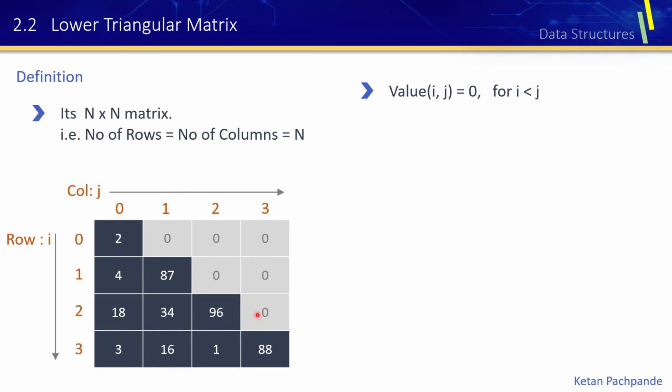Similarly, if I talk about this cell, i value is 2, 2 is less than 3, the value is 0. So in short, all the elements above the principal diagonal are going to be 0 and all the elements of the principal diagonal and below, the user has power to store these elements and retrieve it from the low triangular matrix.